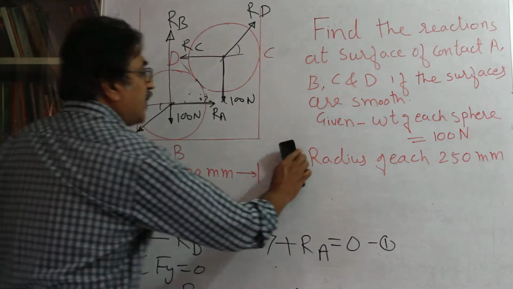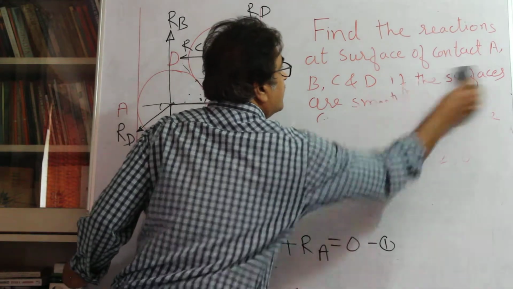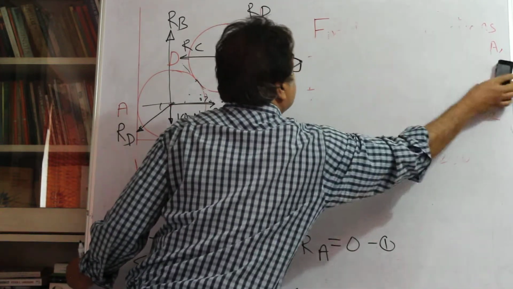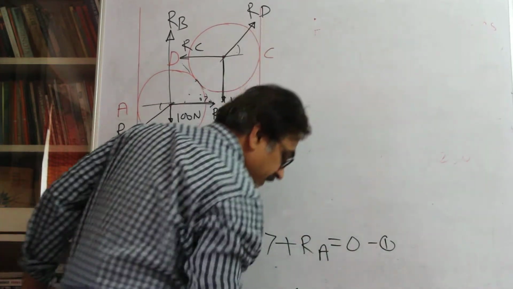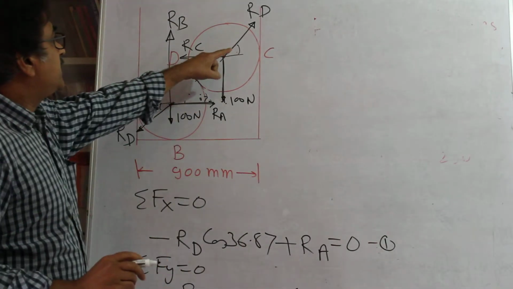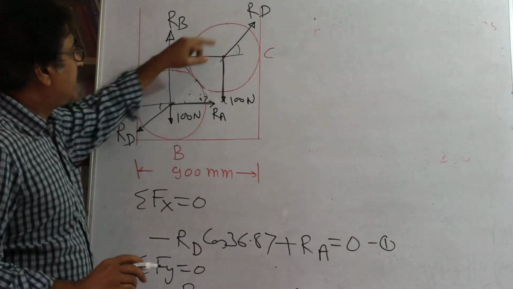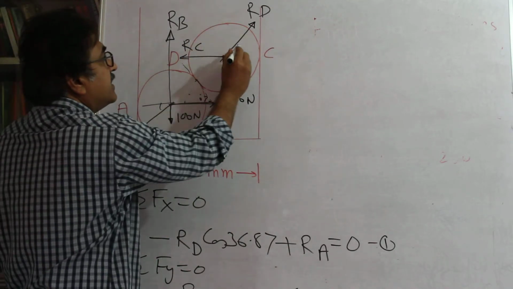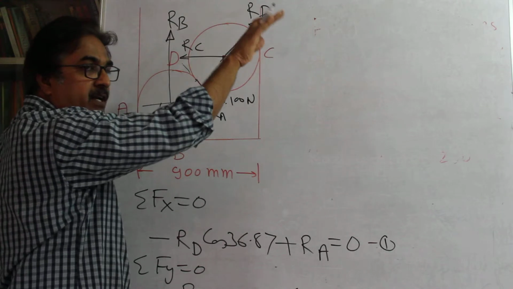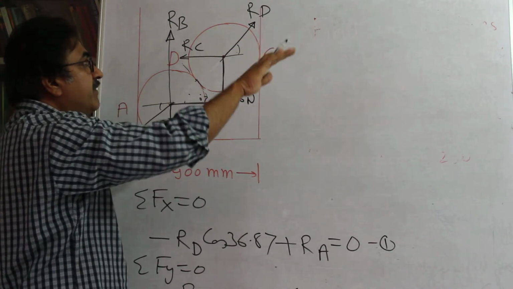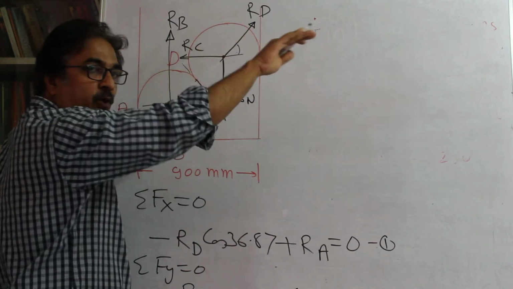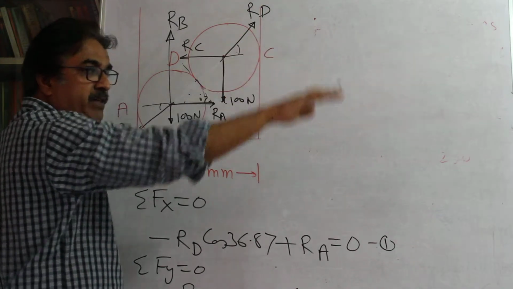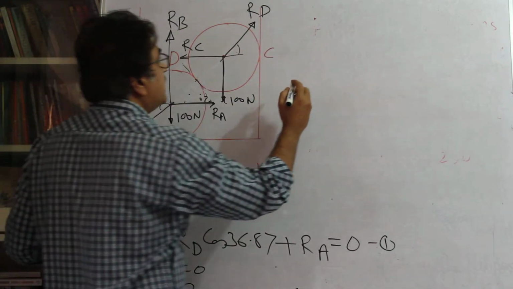Now let's go to the upper sphere. In the upper sphere, you have RD, the weight, and RC. RD resolved at 36.87 degrees horizontally, look at this arrowhead, is pointing away from the center, so it will be towards the right, positive.